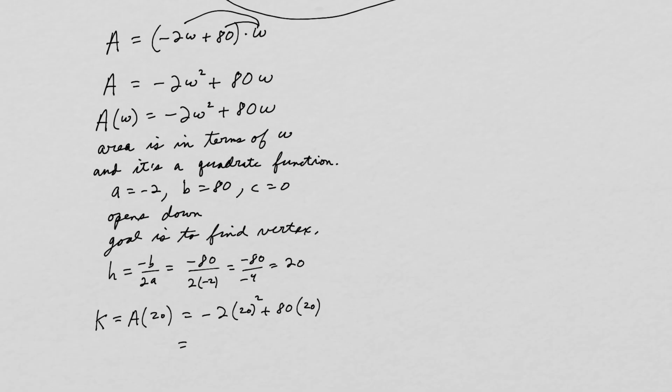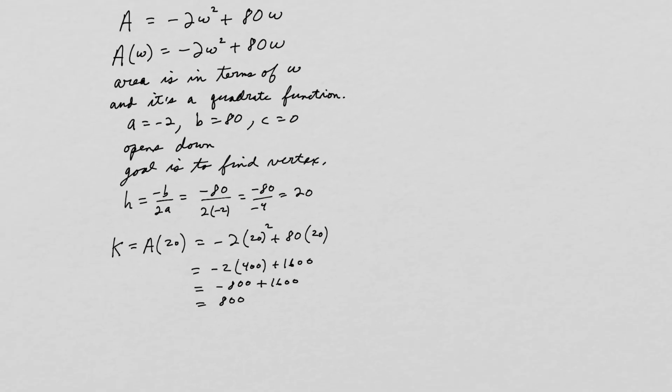Negative 2 times 20 squared is 400, so negative 800, and then plus 80 times 20 is 1600. So negative 800 plus 1600 is equal to 800. So K is equal to 800.